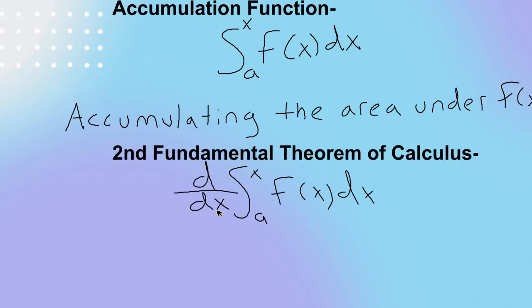Because the integral represents the antiderivative of the function, yes? So if I then take the derivative of an antiderivative, what's going to happen? They undo each other. So I'm just left with whatever's on the inside.